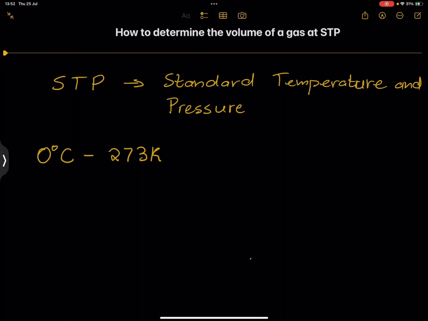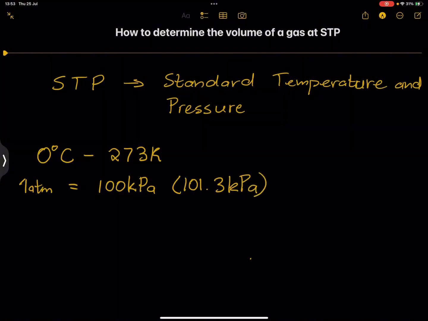Well, we usually call it 1 atmosphere or atmospheric pressure. This is the pressure at sea level. So this one is said to be approximately 100 kilopascals, but more specifically, we can say 101.3 kilopascals.